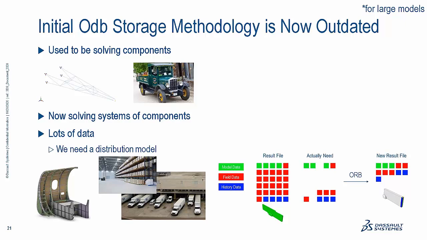And what we actually need from those analyses is that we overcompensate a little bit, which is fine. It just means we end up with more data. But what we actually need from these analyses is some of that model data, maybe a bit of that field data, and some of the history data. And so instead of having this massive database, what we can do is chunk out a smaller portion of that database into a new one and work with that kind of lightweight but still full database.